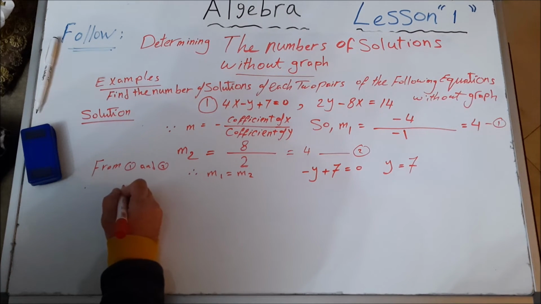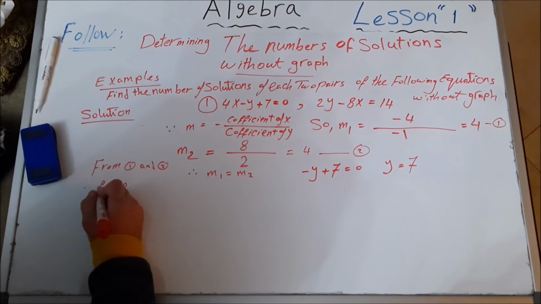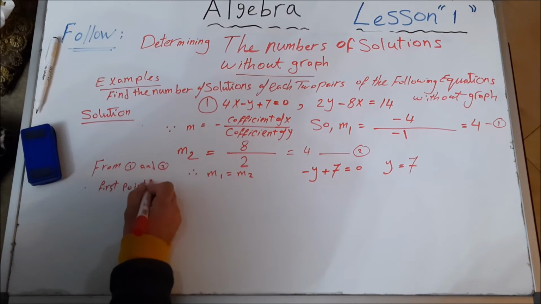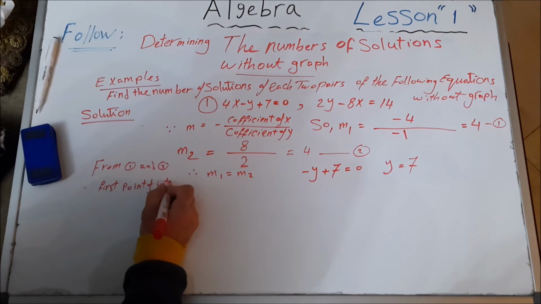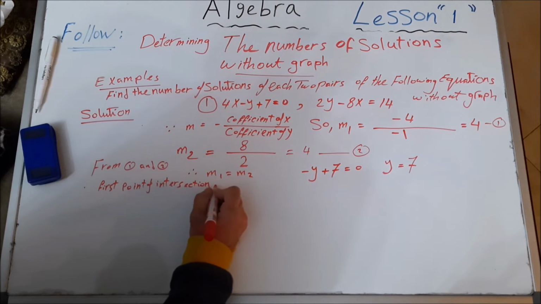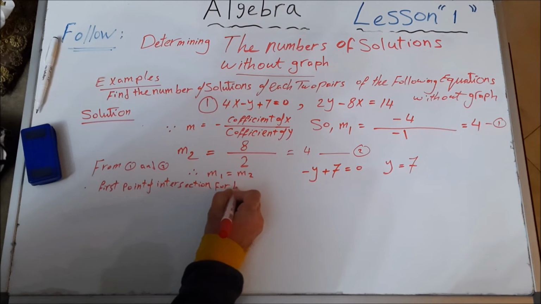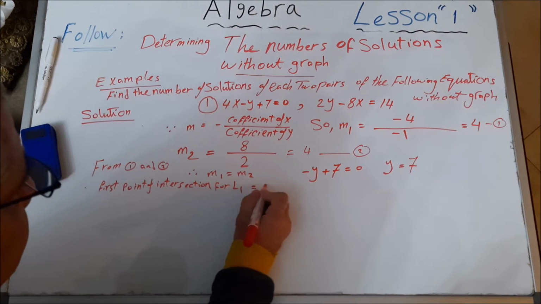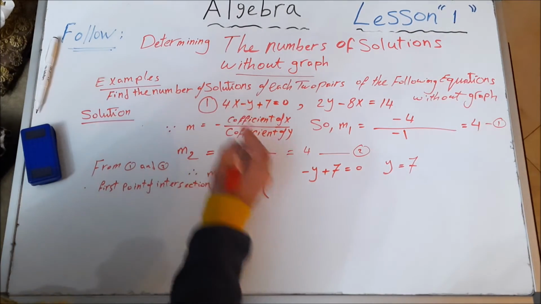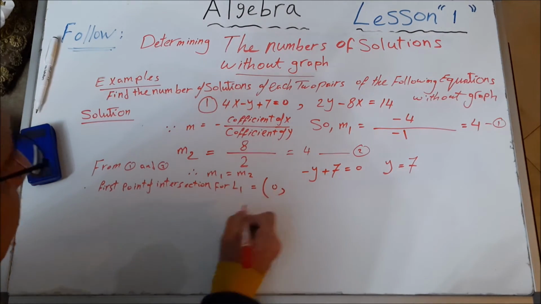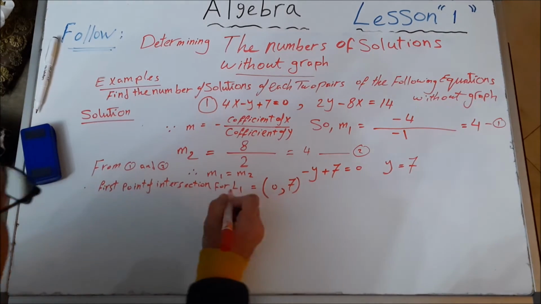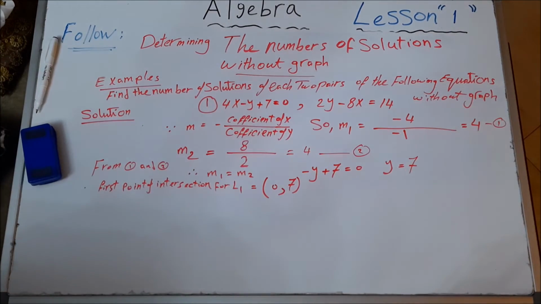So the first point of intersection for L1, straight line 1, we put x equal 0 and y coordinate 7. This is for straight line number 1.